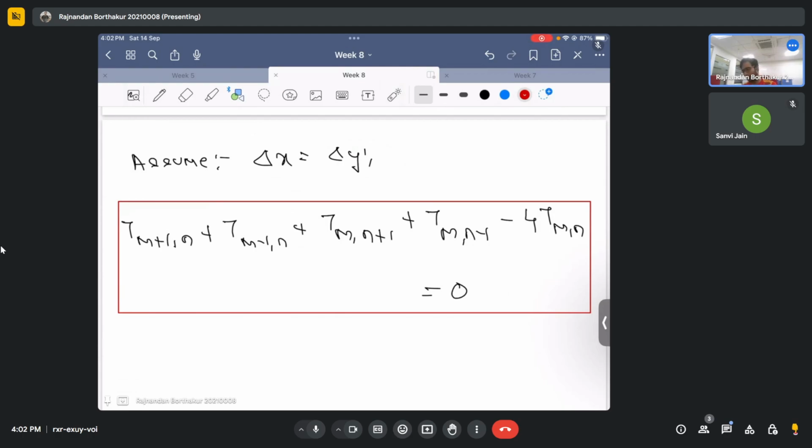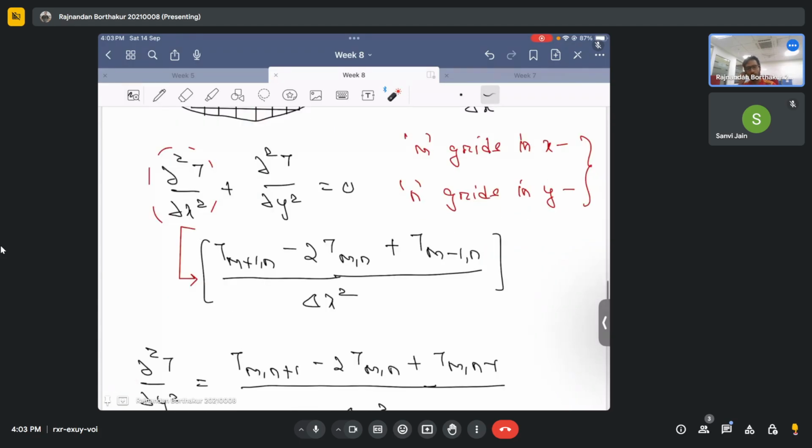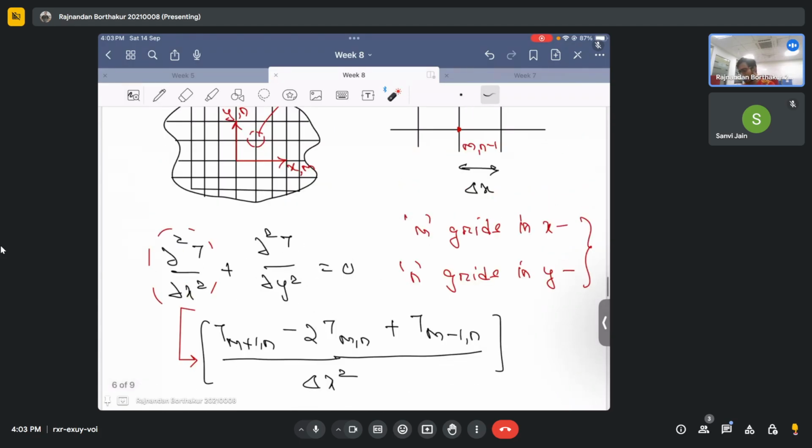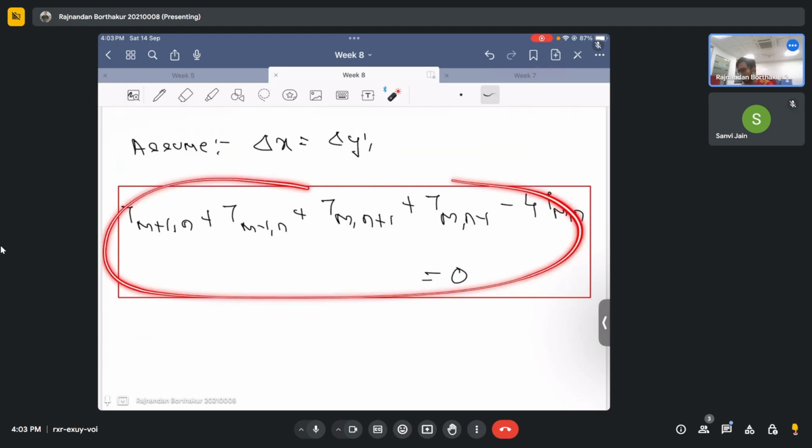If you see, this is one of the questions in your assignment, where you were asked to find what the transformed temperature field would be if you discretize the Laplace equation that we just saw in 2D space. The solution is that if you discretize this equation using the 2D finite difference method, you should end up getting this form of the discretized equation.